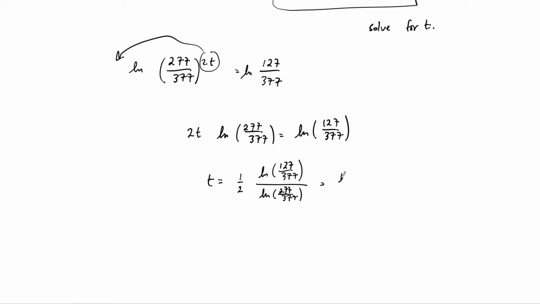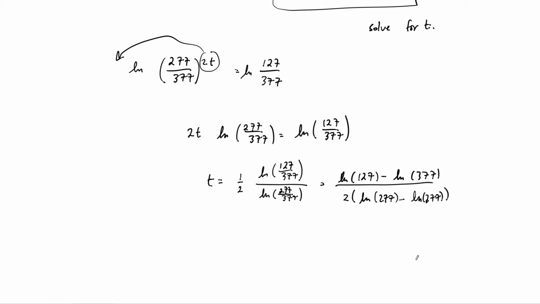So this could be written as, just apply the log rules here, log of 127 minus log of 377, all divided by 2 times this log of 277 minus log of 377. And this one is probably going to require some calculator if you want to get an accurate reading on it.